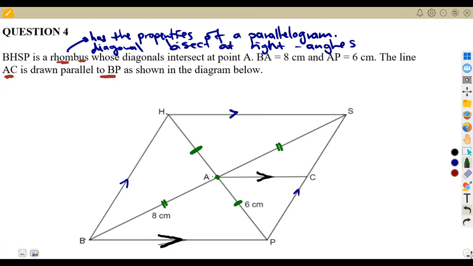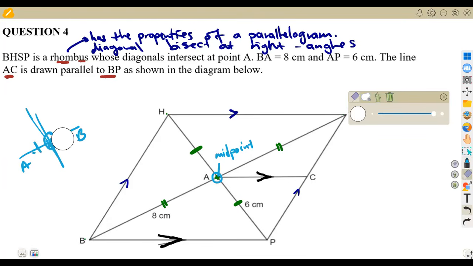So it means this point A is the midpoint. Why are we saying it is the midpoint? Remember, the midpoint is the center point, the point that we find in between 2 points, whereby the line is being divided into 2 equal parts. That's exactly what the point A is representing.